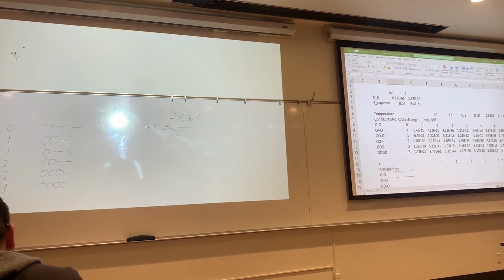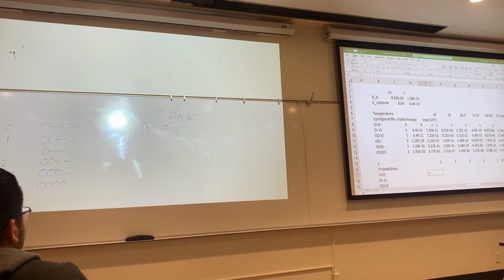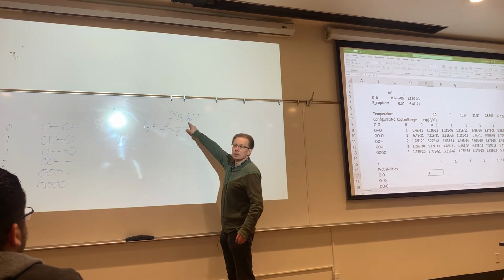And then we can calculate the probability. So the probability for this state over here equals e to the power of minus e over k Boltzmann times T, this one here.